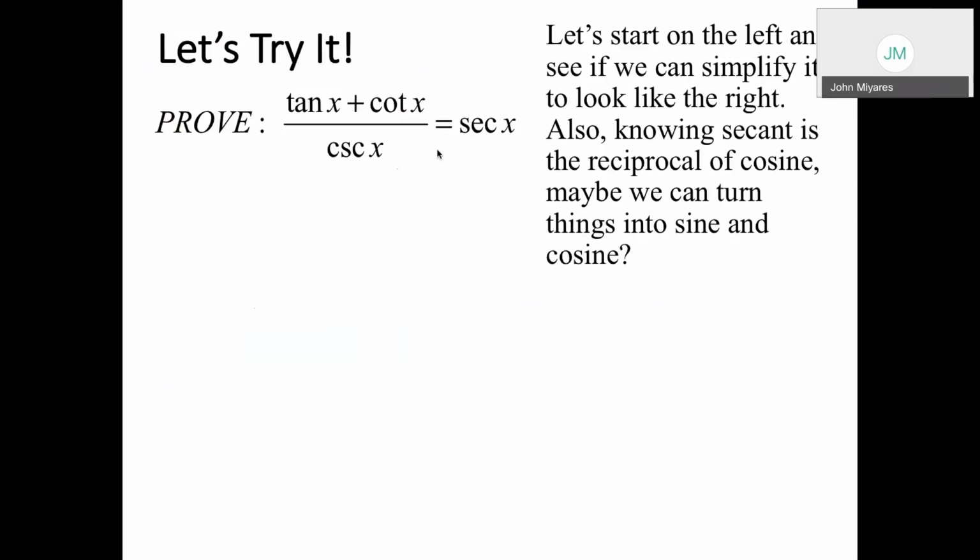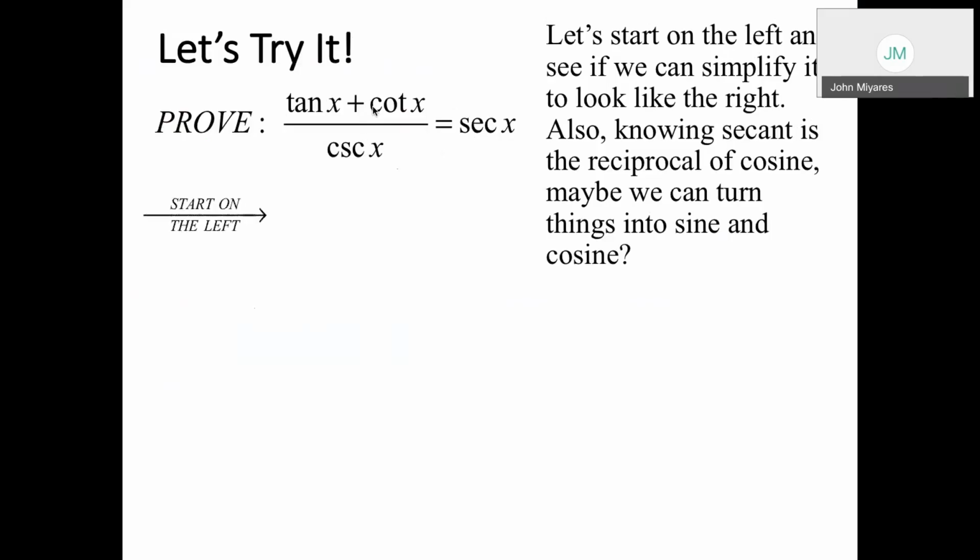Also, knowing that this secant of x here is the reciprocal of the cosine, perhaps we can use the different reciprocal identities to turn everything into sines and cosines, and if we can then get everything to cancel out, leaving us with 1 over cosine of x, then we'll be able to get to our final answer.